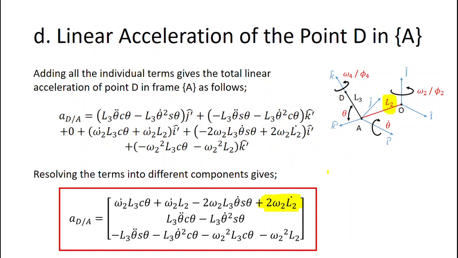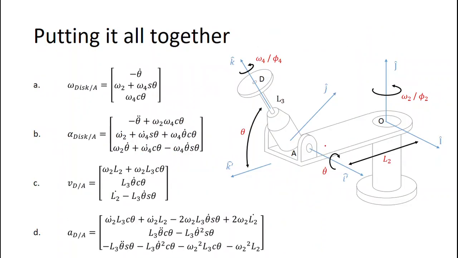So the derivative of L2 is 0. Second derivative of L2 is 0. If we put the first derivative of L2 as 0, only this term goes to 0. And if this term goes to 0, we end up with the same solution that we had for the problem in the exam, which is a good test to know that we solved it correctly.